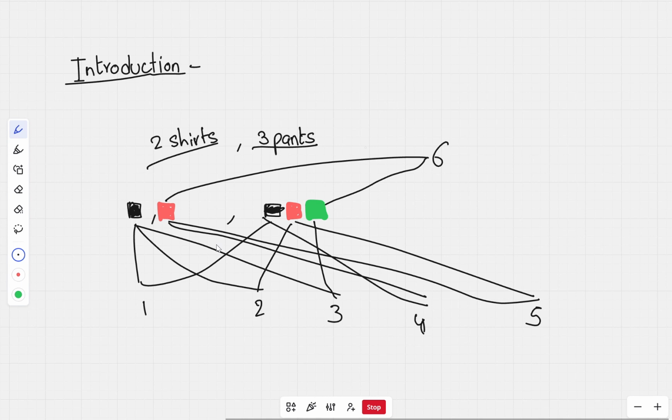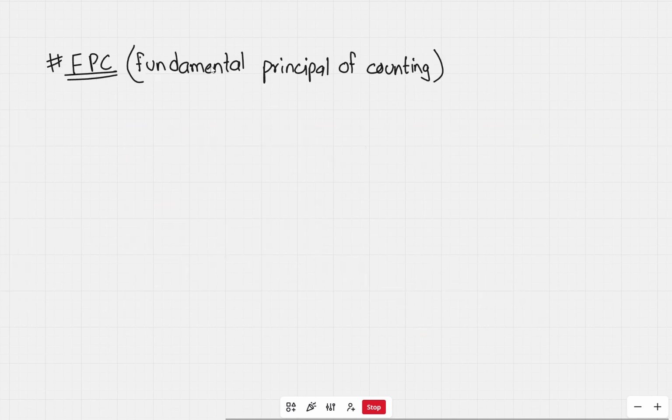Now we'll learn about the fundamental principle of counting. Alright, now we'll learn the most important rule of this entire chapter. This principle says if one task can be done in m ways, we'll take the same example of 2 shirts. If there's one task of selecting a shirt, then there are 2 ways. Here we'll take m ways, but just know that m is equal to 2.